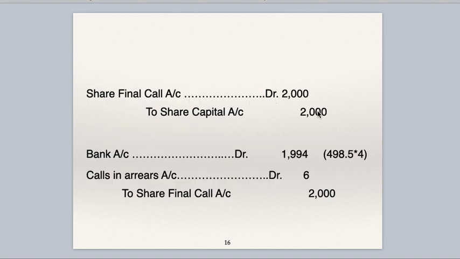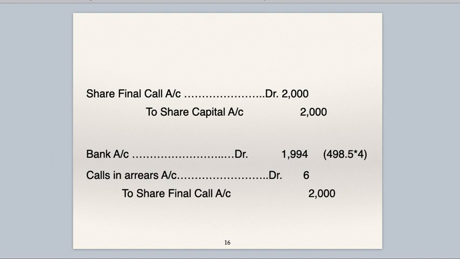Share final call to share capital, just now we have seen, 500 into 4. Bank account debit 498.5 multiplied by 4, 1,994, they have received. Calls in arrears account debit 6, which they have not received, 1.5 into 4, to share final call 2,000. Share final call account 2,000 debit and 2,000 credit.